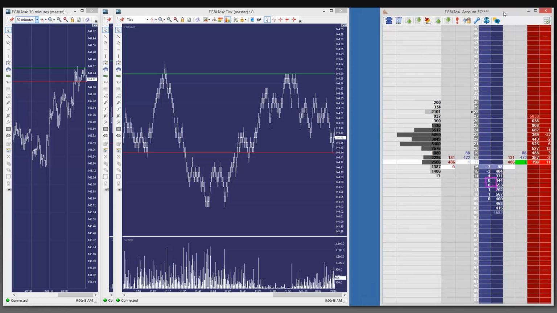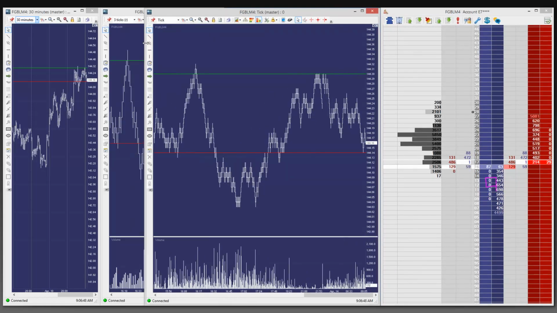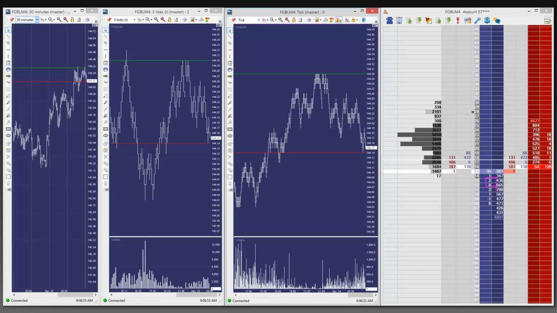Move these over. See, now we're 4.6. This side's actually slightly larger.